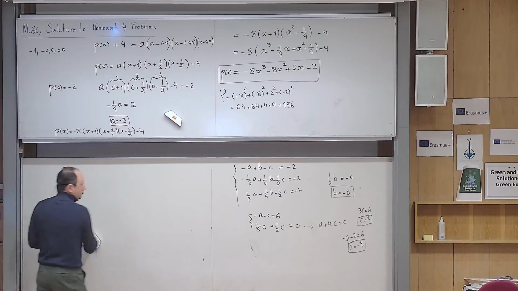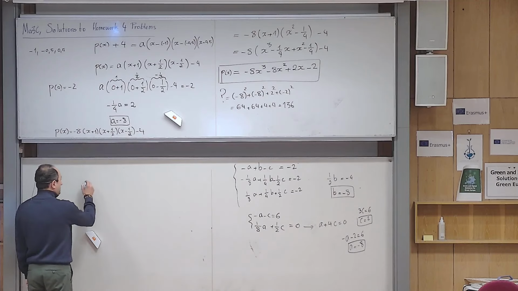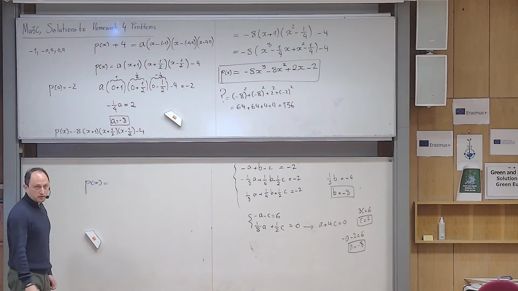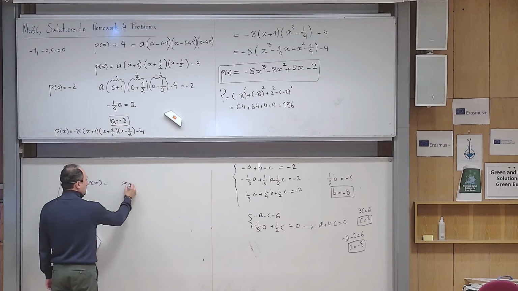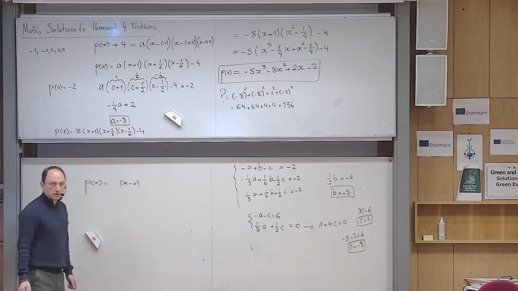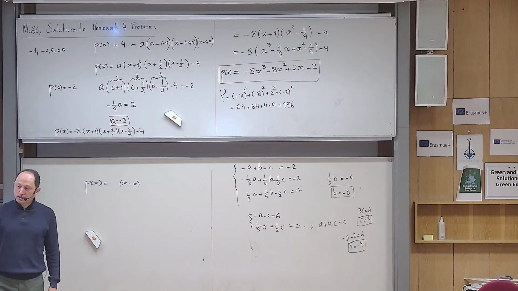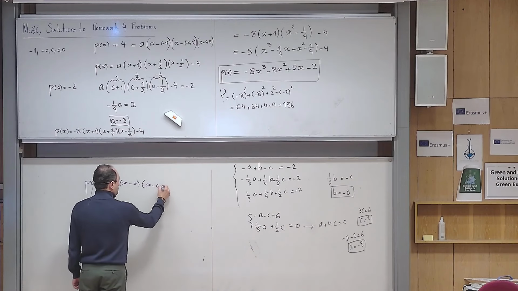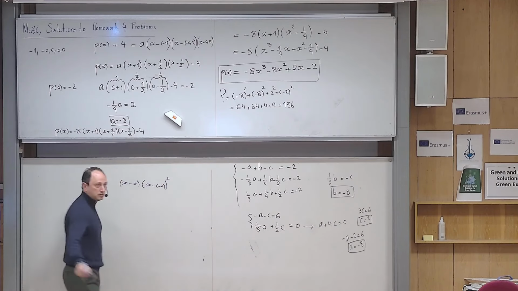What should I write? P of x is equal to what? 0 is a normal root, so I would write x minus 0. But minus 2 is a double root, so I would write x minus minus 2, to the power of 2.